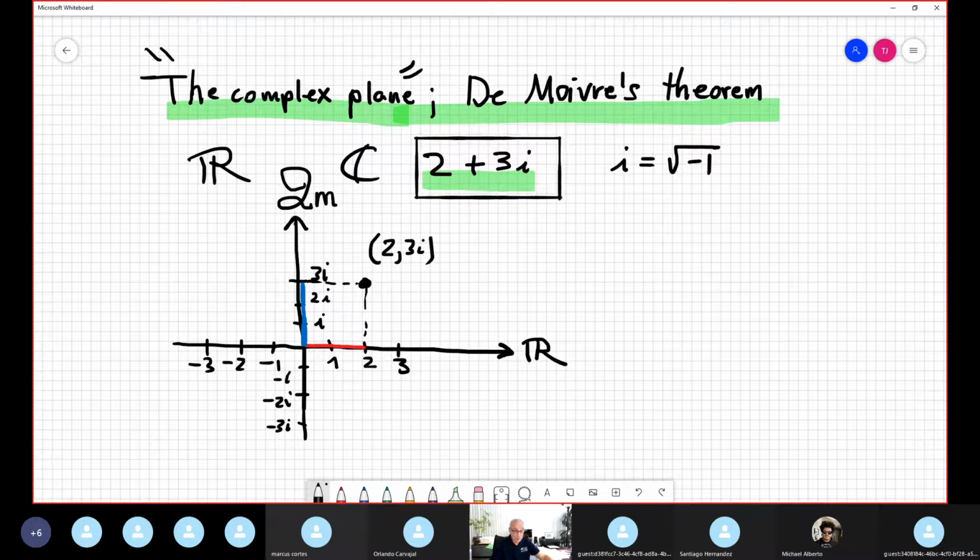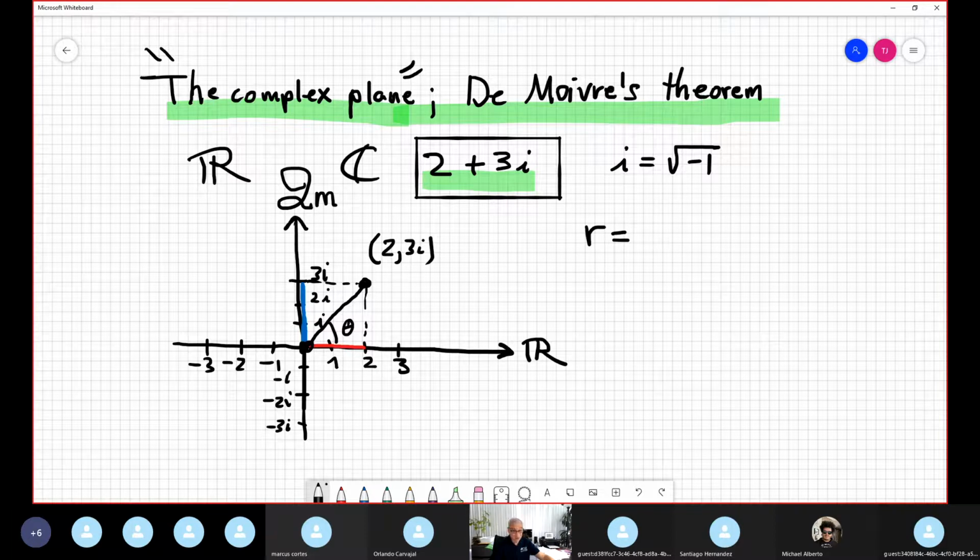Now this mathematician, De Moivre, says, well, you connect the origin and this point. And this is r, like in polar. And this is angle theta, like in polar. So you describe this complex number in polar form.